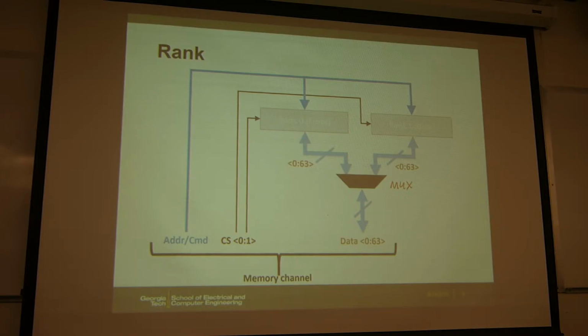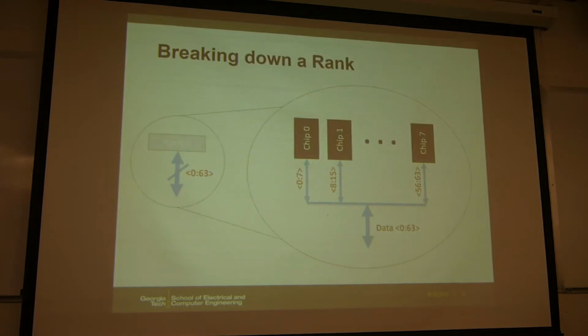Each side will give you 64 bits, then you select which one you want. Within one rank, we have those chips, and typically we have 8 chips. Each chip I/O gives you 8 bits. With 8 chips, in total you have 8 times 8, 64 bits coming out.